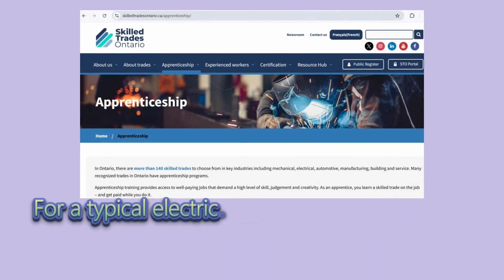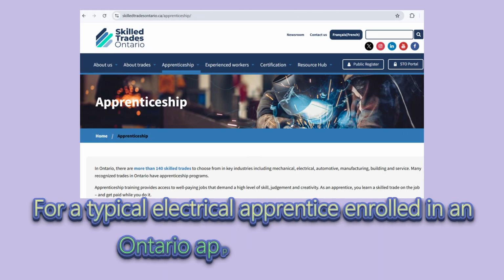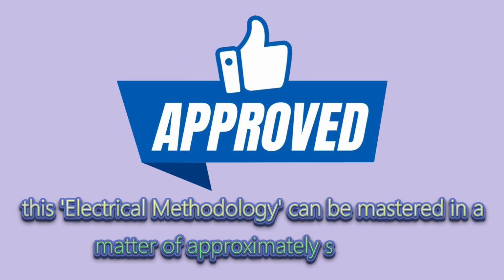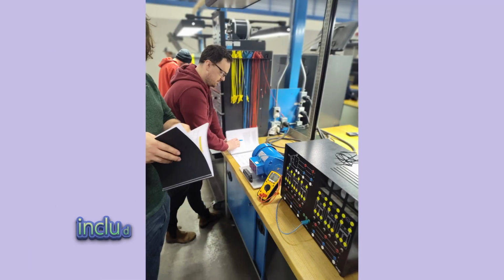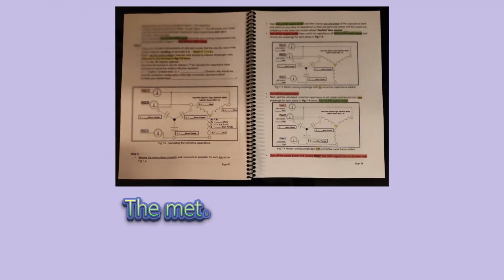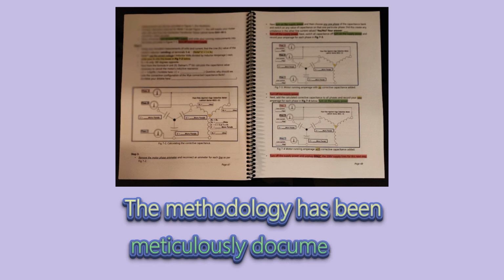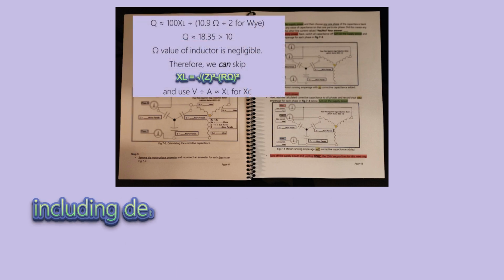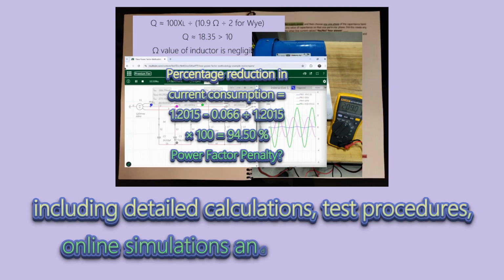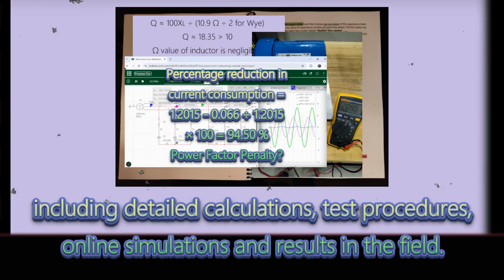For a typical electrical apprentice enrolled in an Ontario apprenticeship program, this electrical methodology can be mastered in a matter of approximately 6 hours, including hands-on practical lab work. The methodology has been meticulously documented, including detailed calculations, test procedures, online simulations, and results in the field.